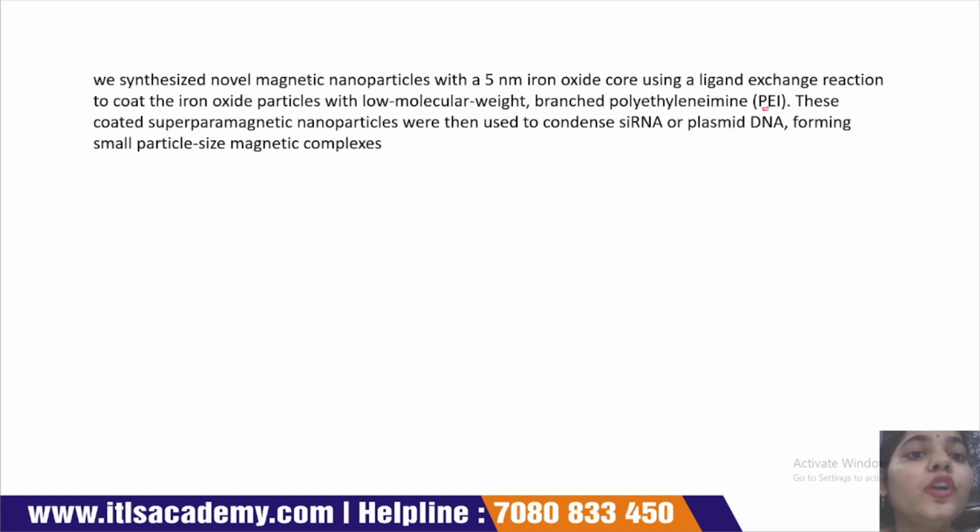We also synthesized a novel magnetic particle with a 5 nanometer iron oxide core, using ligand exchange reactions to coat the iron oxide particles with low molecular weight branched polyethylenimine, that is PEI.